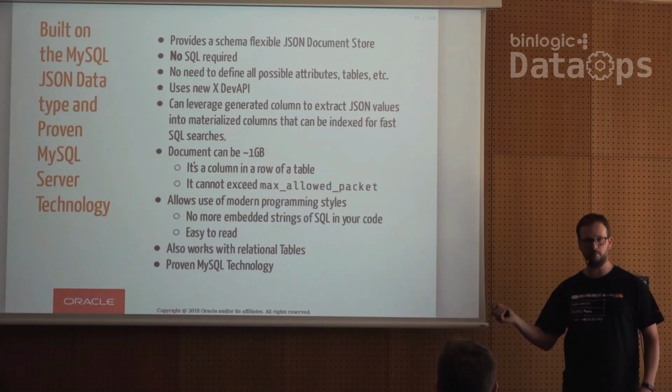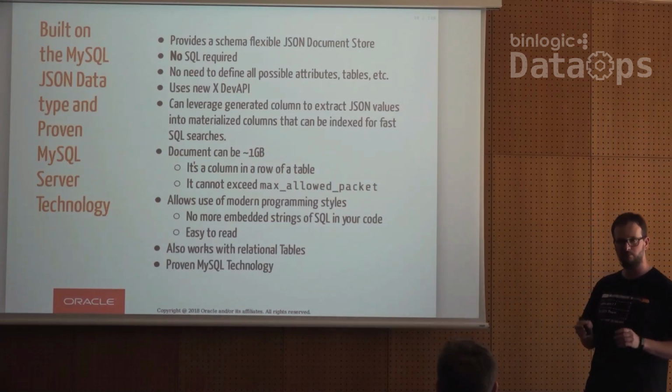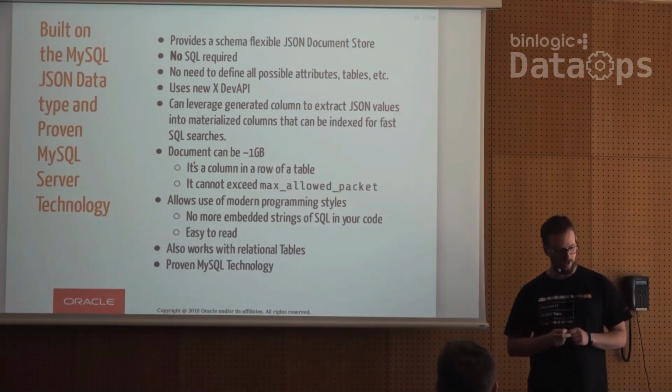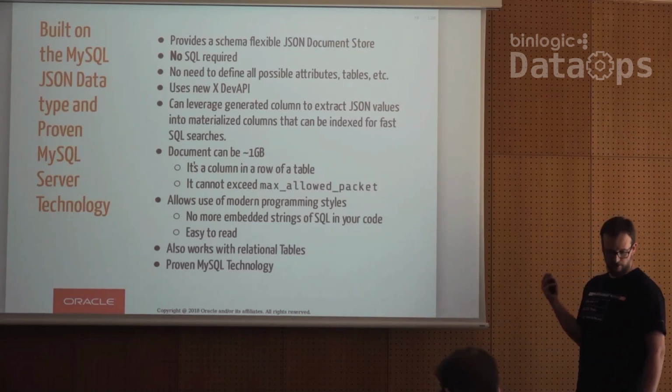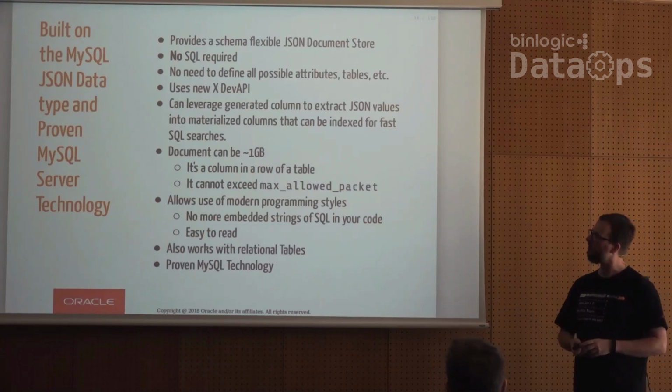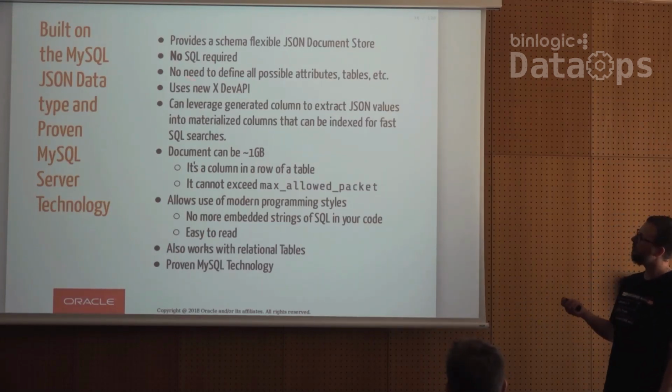It's not a blob, it's not a text, it's a data type for JSON, right? So we can store this data. We don't need SQL. There is no schema, so it's very easy to do. We need to use the X DevAPI to get the data. This is not mandatory, but I will show you how it is.